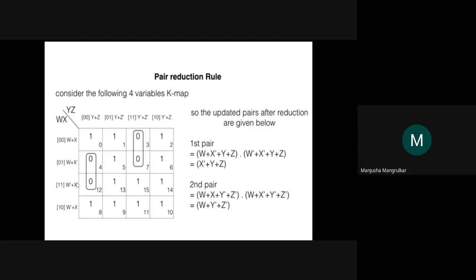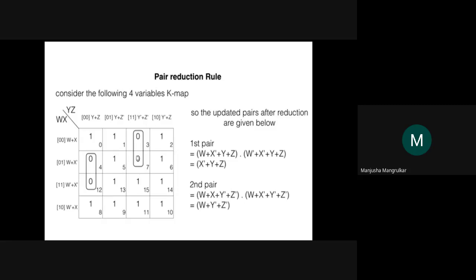So we can say that here it is changing from W to W complement. So it is only x complement, because it is the same for both the terms, and y plus z complement, right? We can take this example of pairing also. For number 3, what is the term? W plus x plus y complement plus z complement.